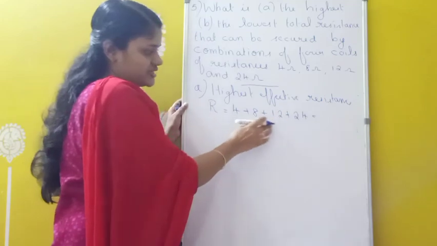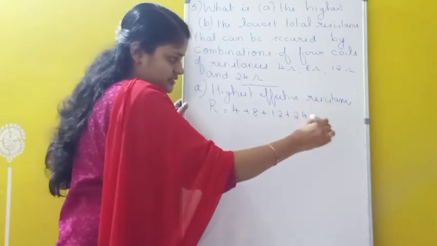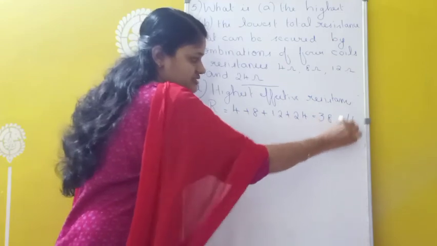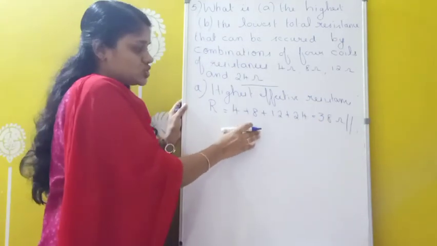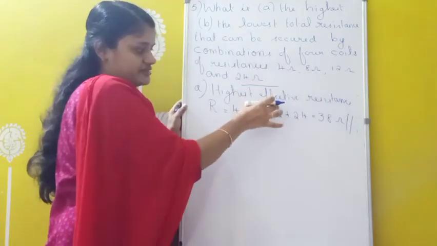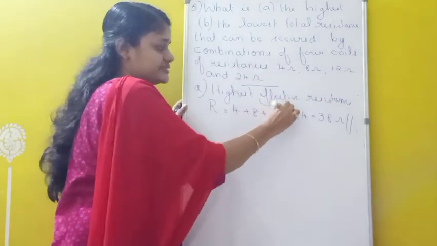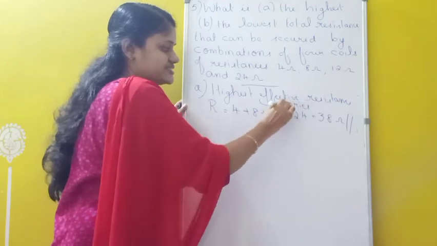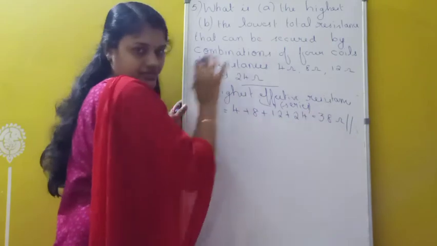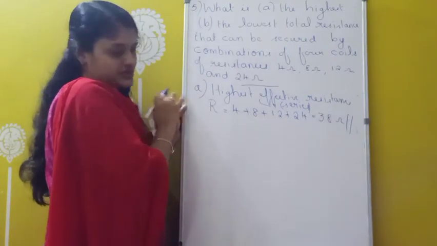When you are adding all these things, you will be getting nearly 34, I think. It's 48. So 48 ohm. So this 48 ohm is the total effective resistance, the highest value of effective resistance. So how are we getting this highest value? We are connecting in series. Whenever resistors are in series combination, effective resistance will increase. So this is the highest value of effective resistance.